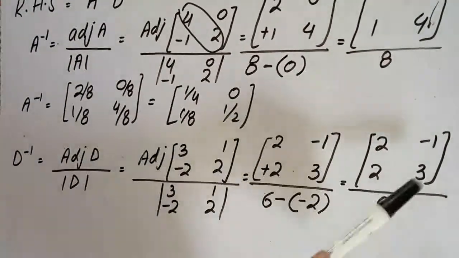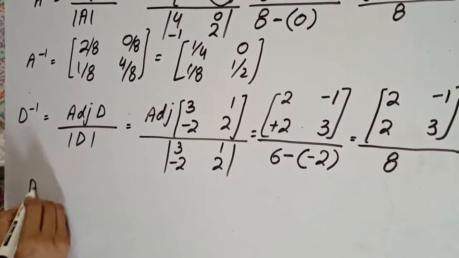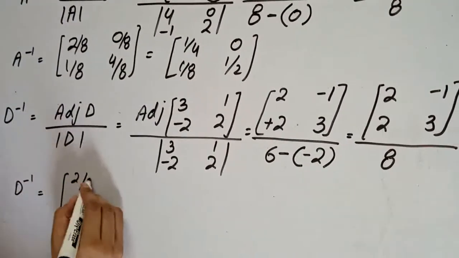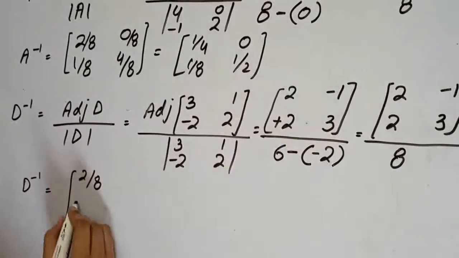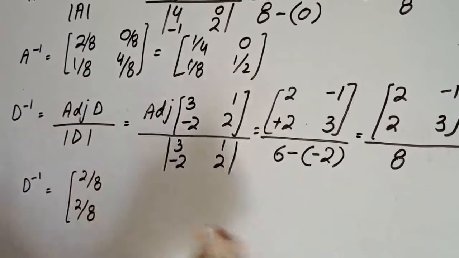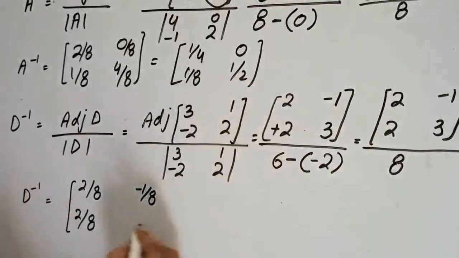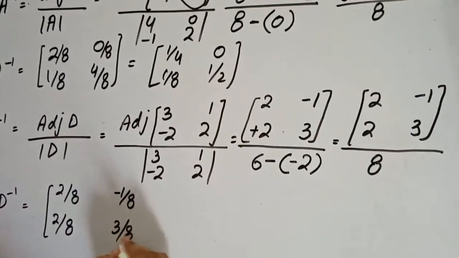Now this 8 will be divided by all the entries. 2 divided by 8, here 2 divided by 8, minus 1 divided by 8, and 3 divided by 8.